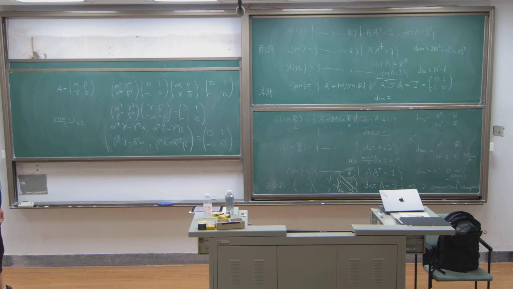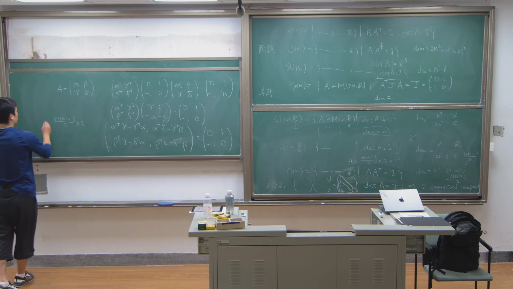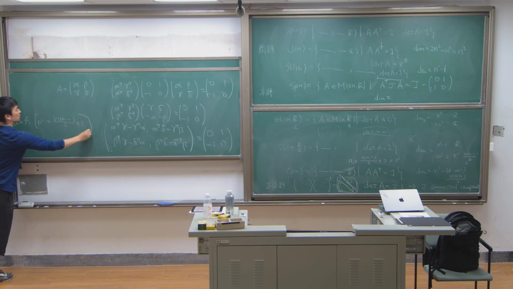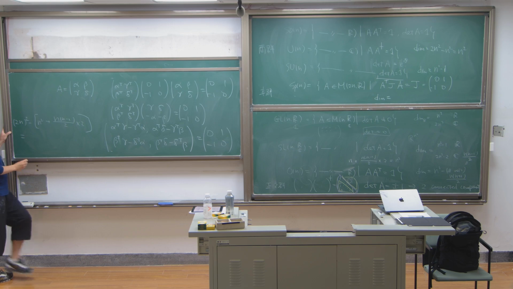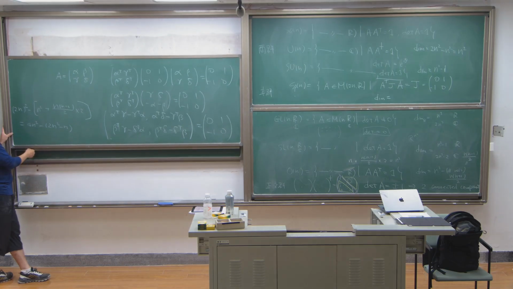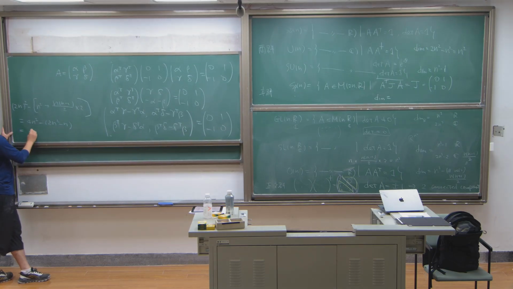I think n squared, plus n squared, and in total you have 2n squared. So this is 4n squared minus 2n squared minus n, and this is equal to 2n squared plus n.